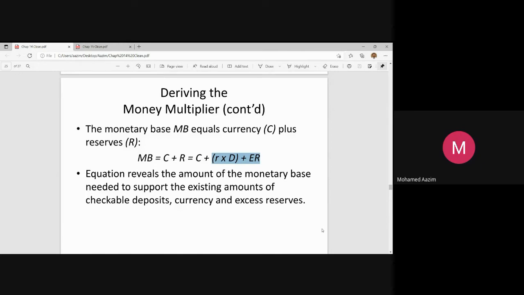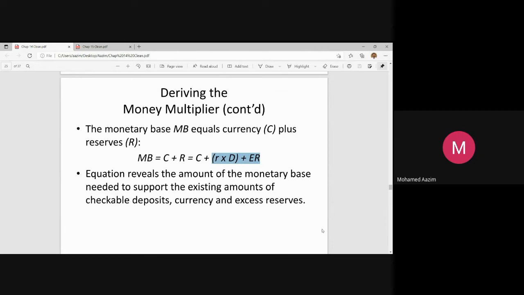So, we are now getting into the inside of this monetary base by expanding from our conventional C plus R definition to more detail what is inside this C plus R. And we have now defined within R, you have nothing but required reserves and excess reserves. And then within required reserves, we simply expanded to say that the required reserves is nothing but required reserve ratio times the deposits.